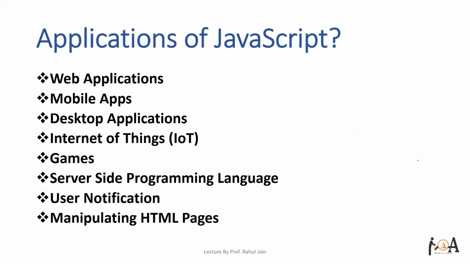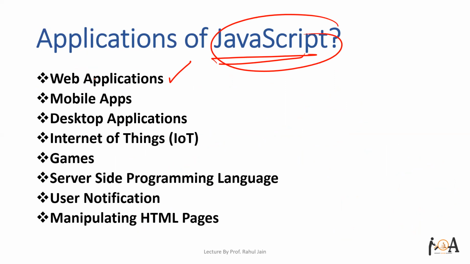Okay. Various applications of JavaScript. Web applications are one of the applications. It means that you can use the JavaScript language for making web applications, and for mobile apps. It may be an Android app, it may be an iOS app. For making them, you can use JavaScript. For desktop applications, right?